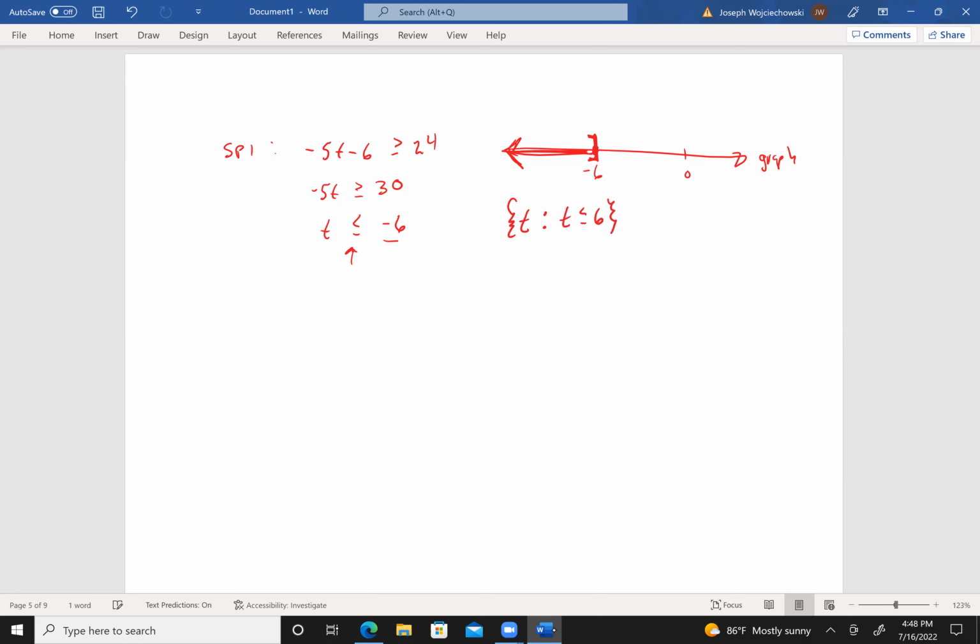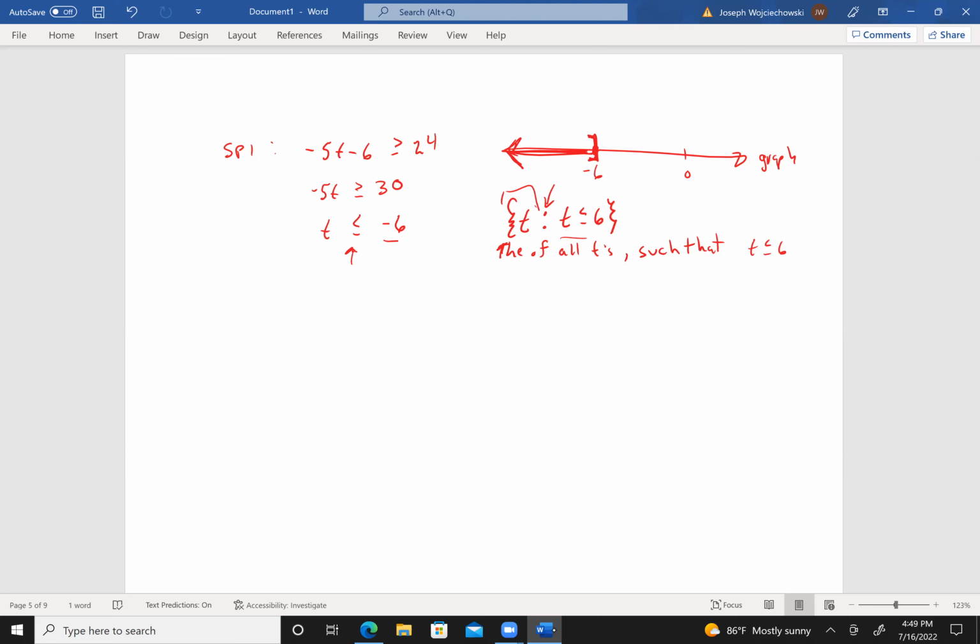And what this means is the set of all t's, that's this part, such that, that's what the colon means in this case. And then t is less than or equal to -6. That's all that translates to.